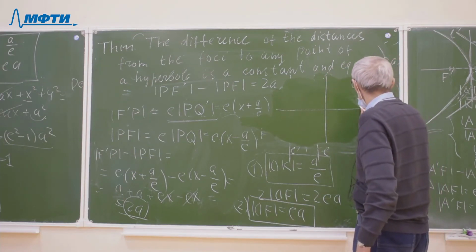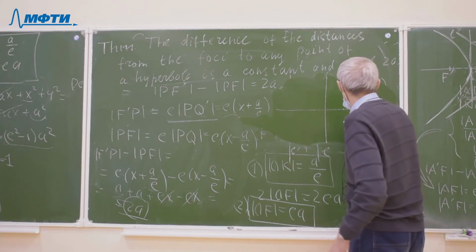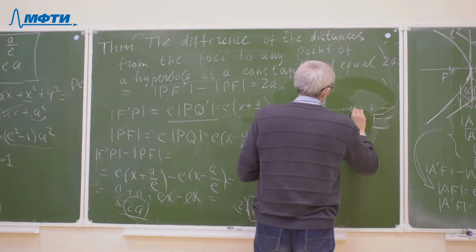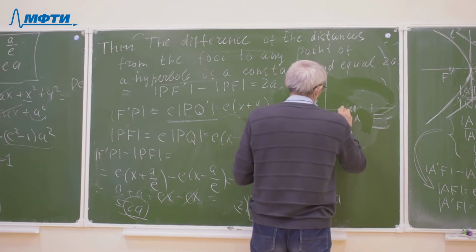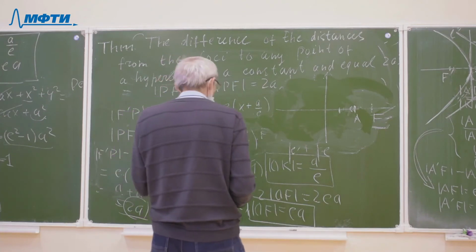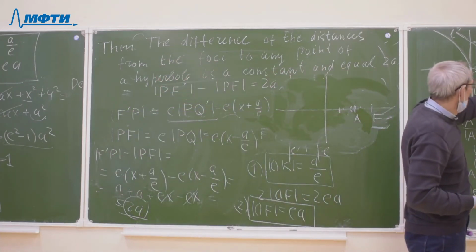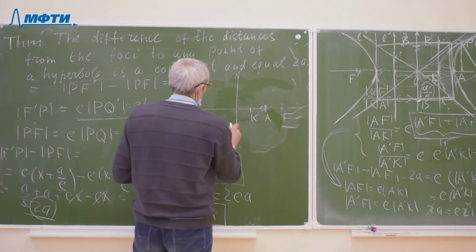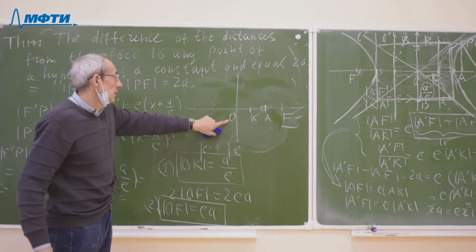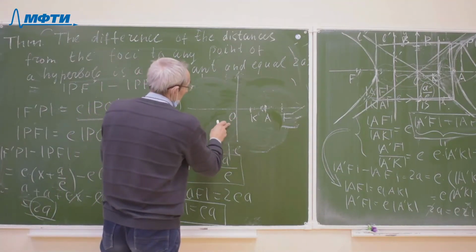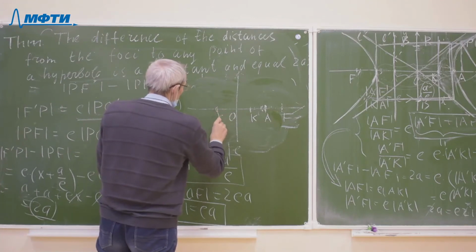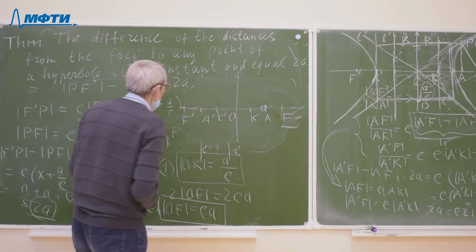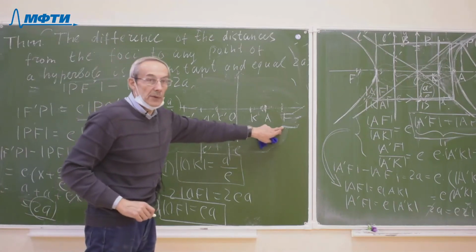We have the point F, point A, and point K. I repeat the notation from the previous picture, and we have also point O. Point K prime is symmetric to K, A prime is symmetric to A, and F prime is the other focus, symmetric to F.